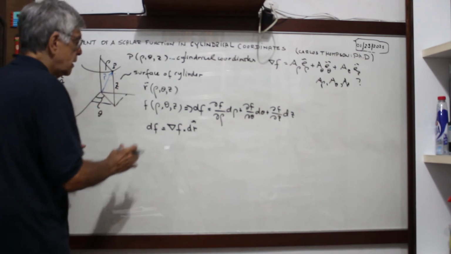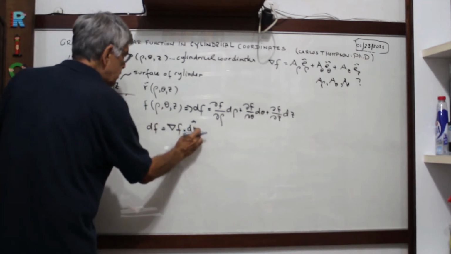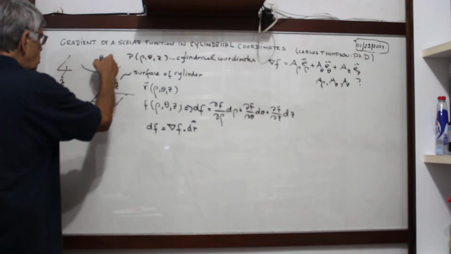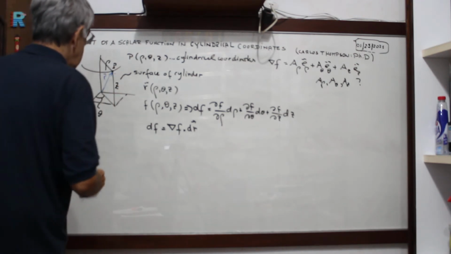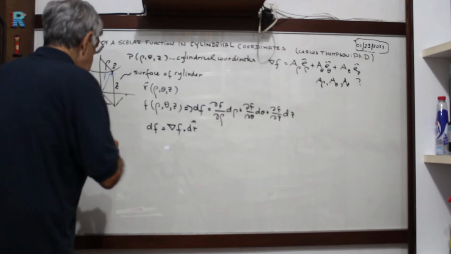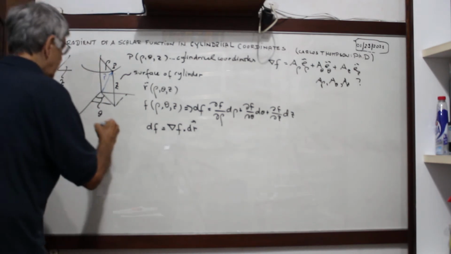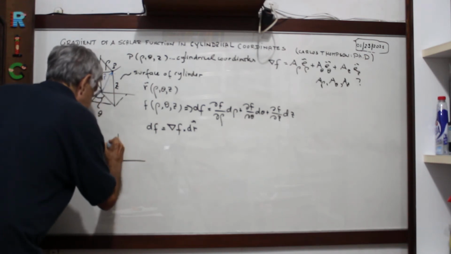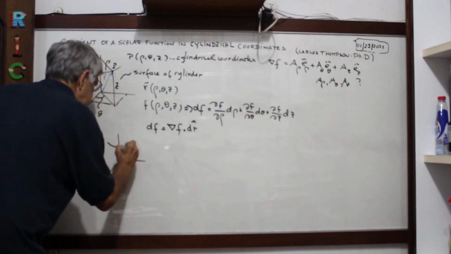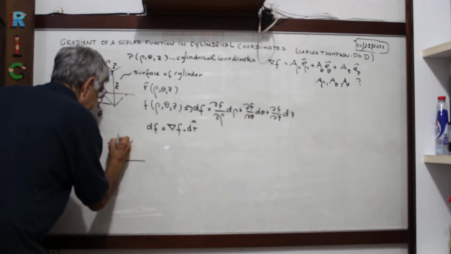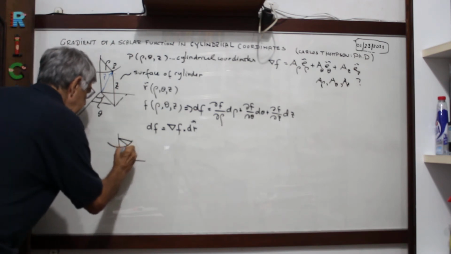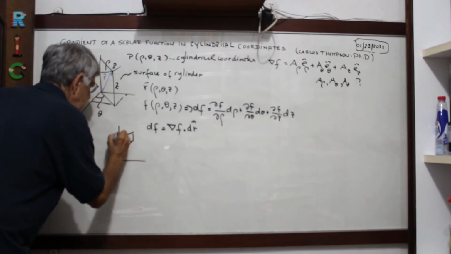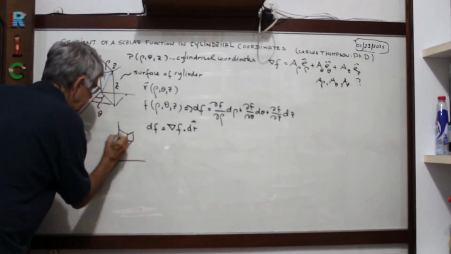Now, let's express the differential of the position vector in terms of rho, theta, and z. I will draw here a volume.